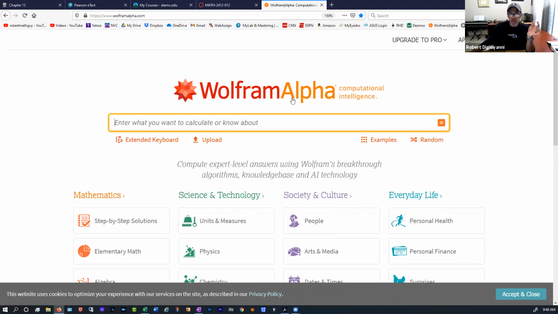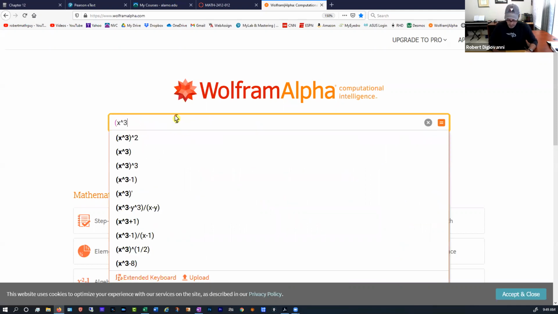What I would be worried about is if you did the problem like this and you just had the answer written down, no work, right? And then obviously nobody in here, including myself, can get that answer without doing work. So let me do this problem. I'm going to go to Wolfram Alpha, which you may or may not be familiar with. I'm going to type in the problem we just did.